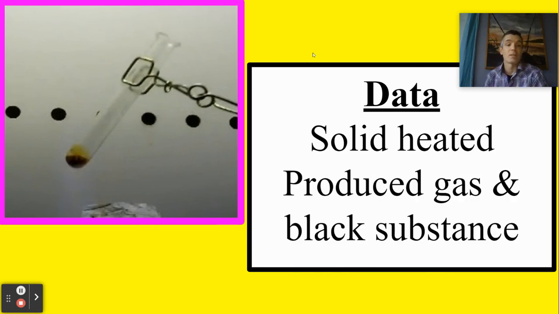Those 3 pieces of evidence, or 4, definitely point me towards a decomposition. I start with one thing and I end with 2 things. I'm producing a gas and I'm heating something that takes a little while to get going, and it doesn't burn, it just kind of changes.